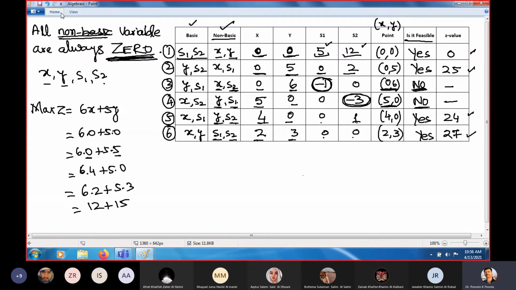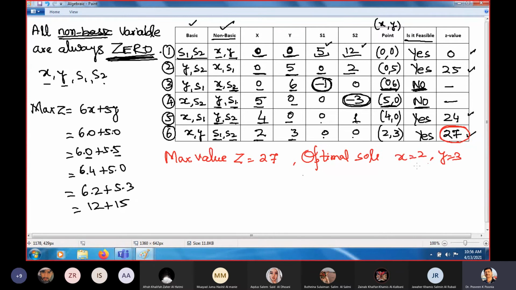And my dear friends, you can see what is the maximum value? It is 27. Maximum value Z is equal to 27. And the optimal solution is what? X is equal to 2, Y is equal to 3.